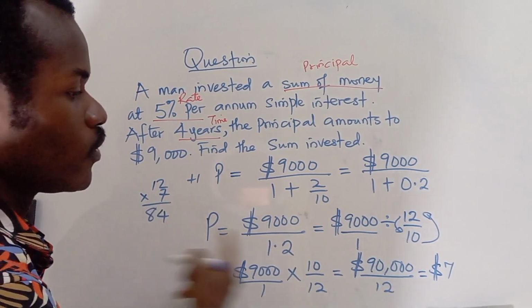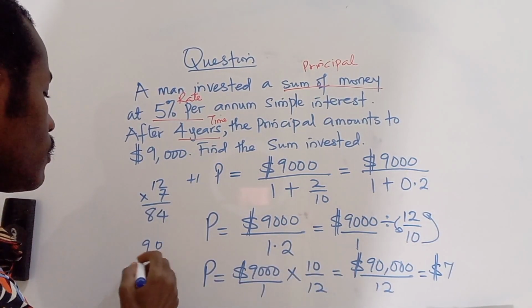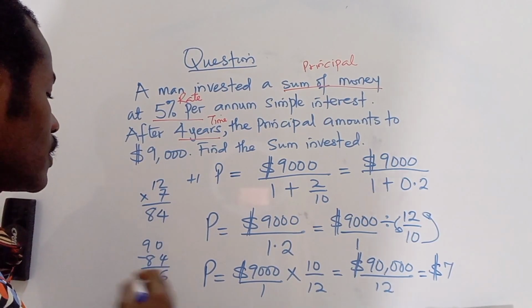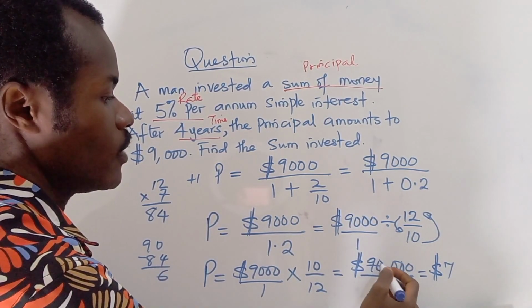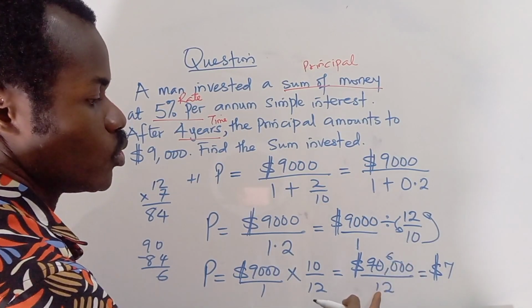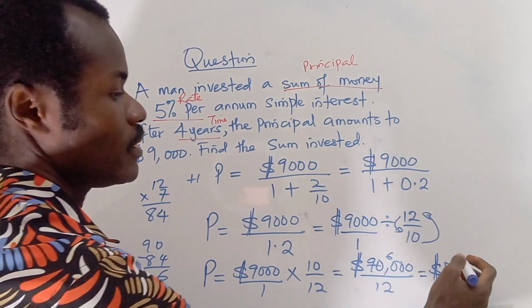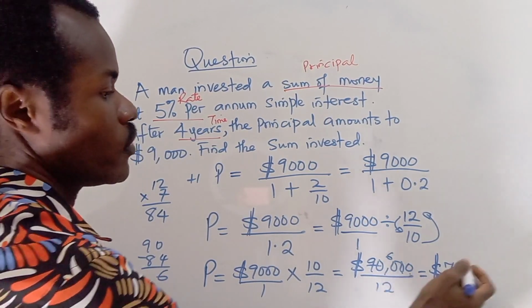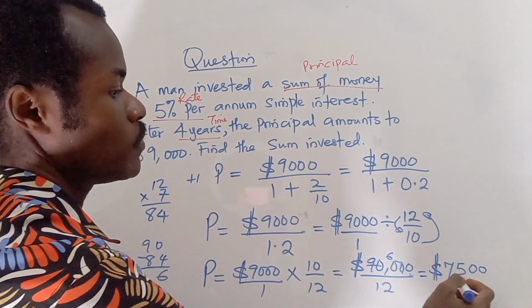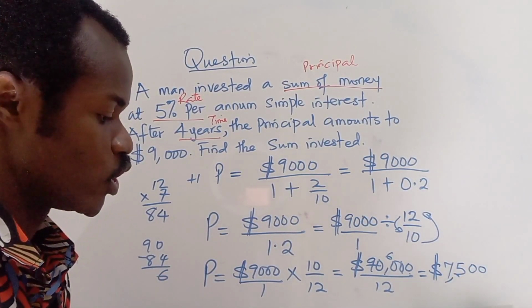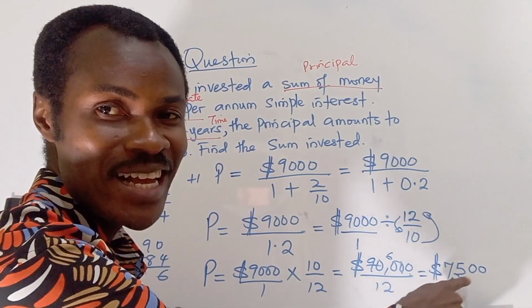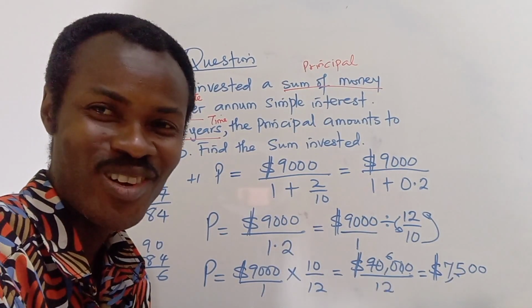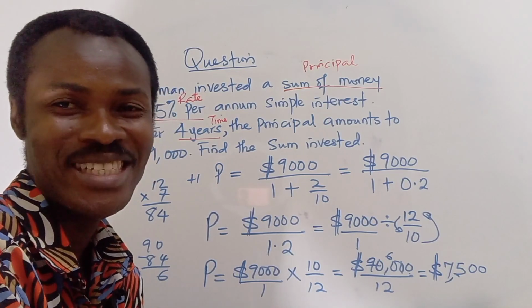So we have 84. 90 minus 84 gives us 6. What's left here is 6. So 12 into 60 is going to give us 5. And we are left with 2 zeros, so we put the zeros. Our answer to this question is $7,500.